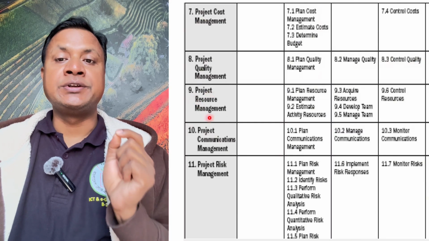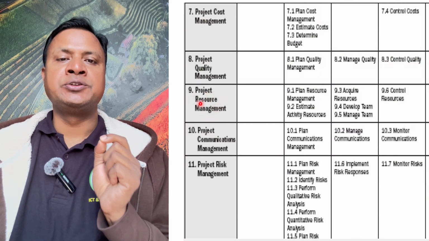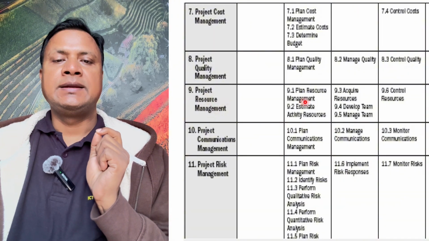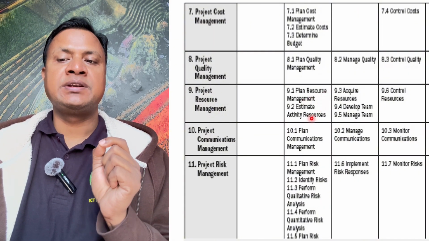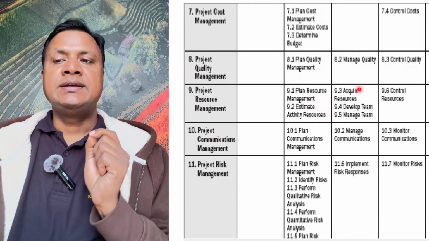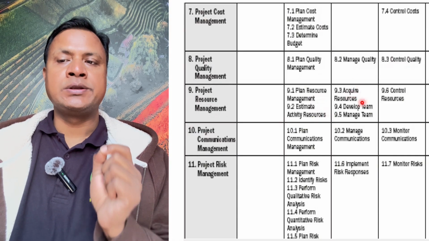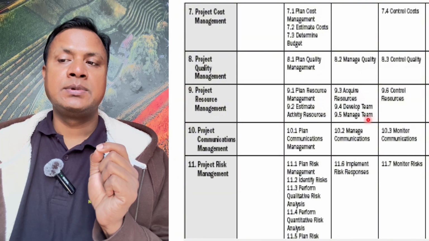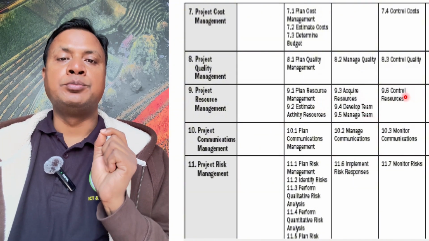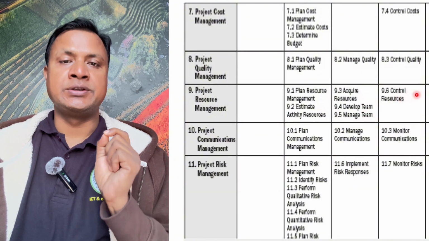Then we come to project resource management. At the planning stage, we plan resource management and estimate activity resources. In the execution stage, we acquire resources, develop the team, and manage the team. In the monitoring stage, we control resources.